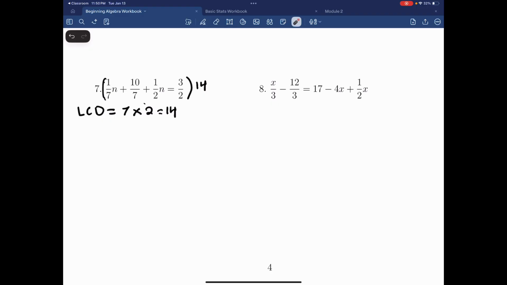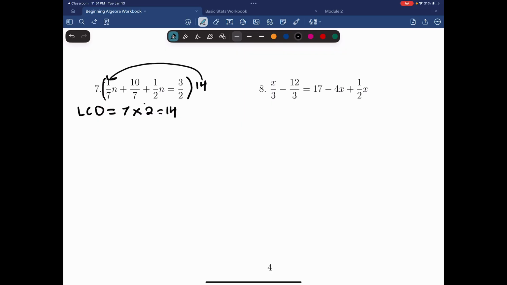Because we're multiplying this whole equation by 14, we're going to have to distribute this 14 into the 1/7. It's going to look like this. We're going to need to distribute that 14 to all of our terms. So let's do that.